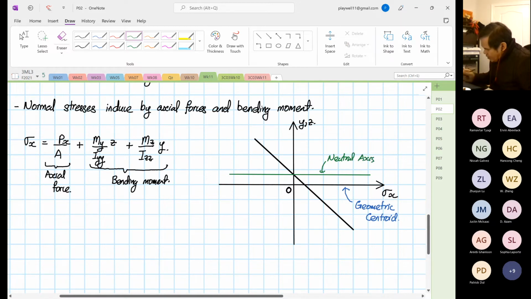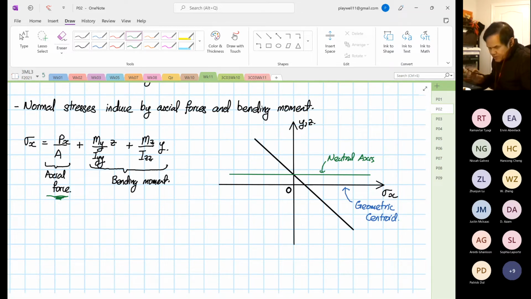And it is offset because you have an axial force. Okay. Now the next one, so this is due to normal stress. Okay, this is straightforward. We have just been through the course on this.